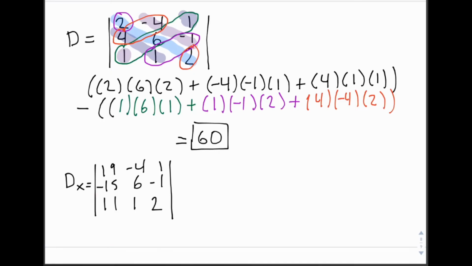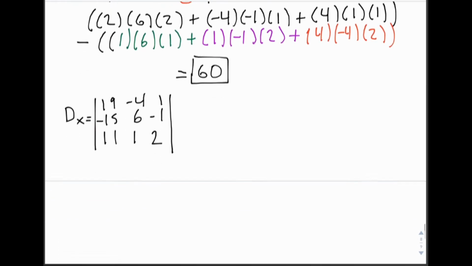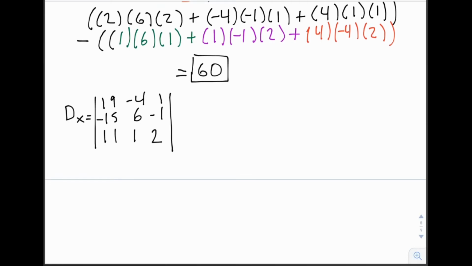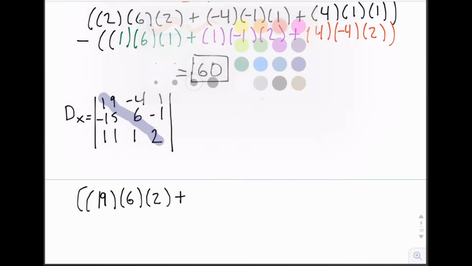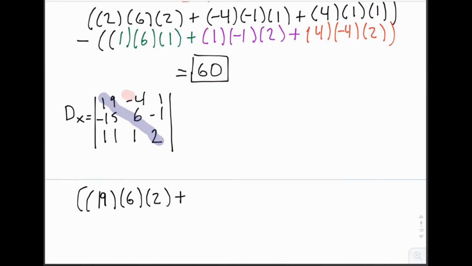All right, so let's move down a little bit and figure out what our diagonals are going to be for this one. Again, we want to move in the downward direction first. One of our diagonals could be this 19, times the 6, and then times that 2. Then we add another diagonal: -4, -1, and opposite corner, positive 11.